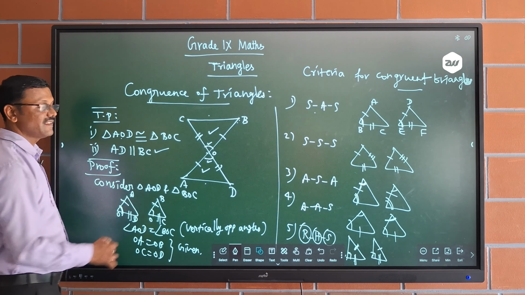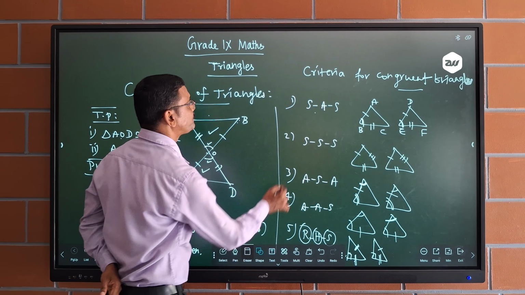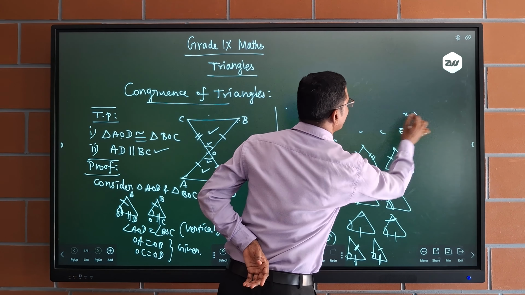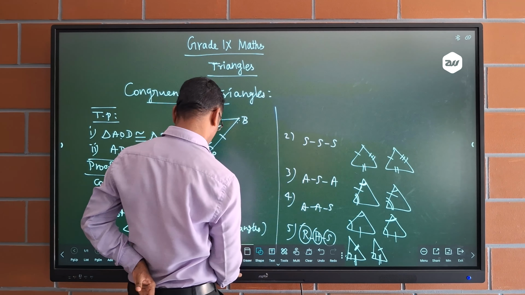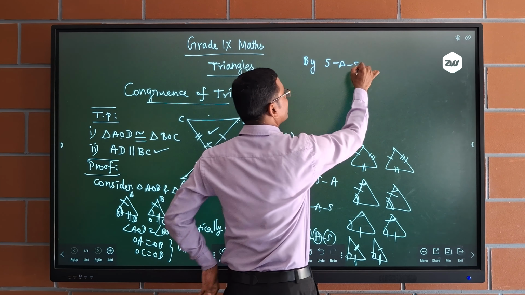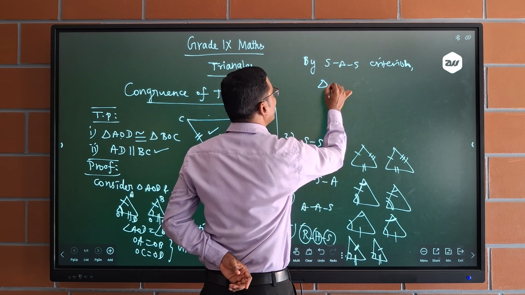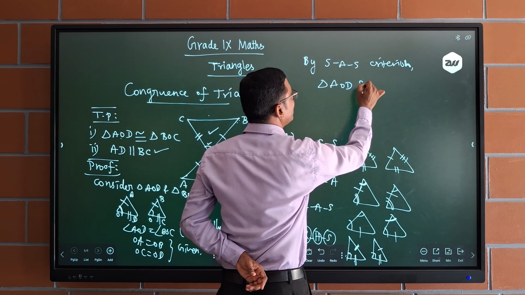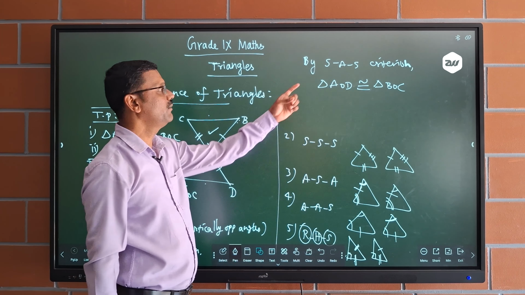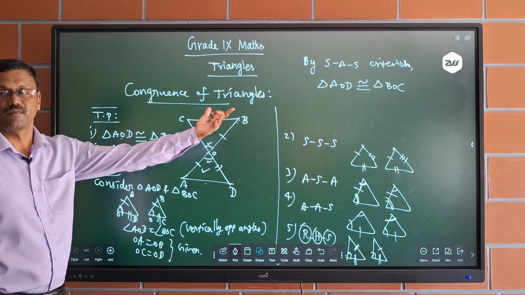So based on the SAS criterion, we say that triangle AOD is congruent to triangle BOC. So this is the first one we proved.